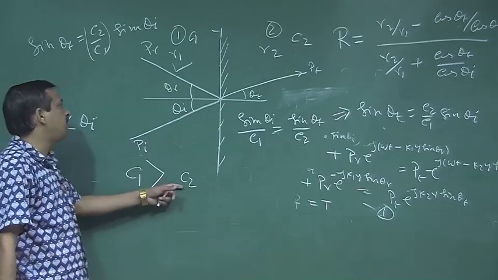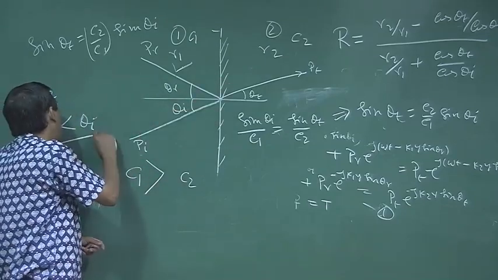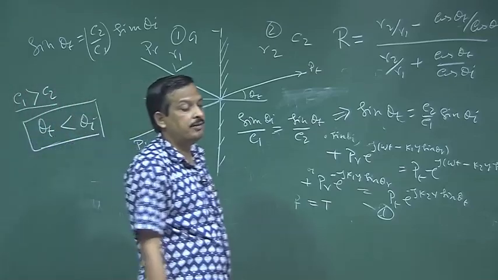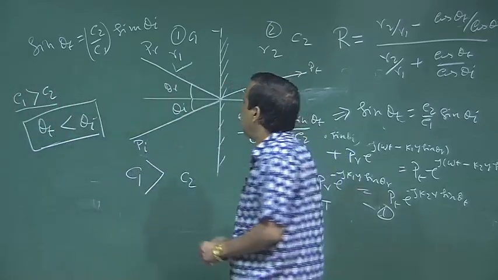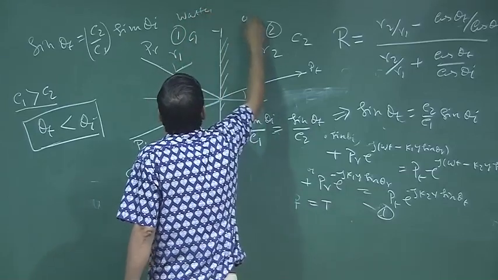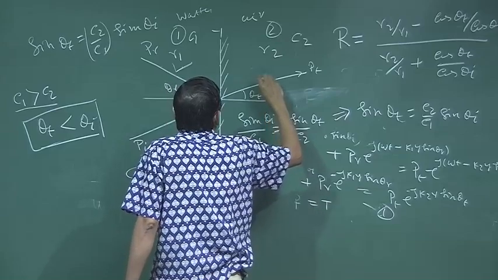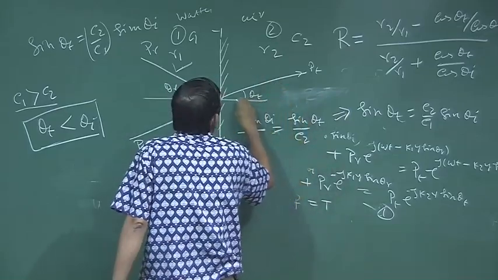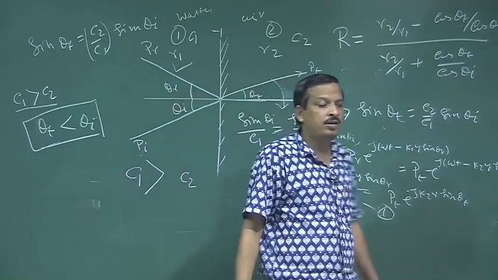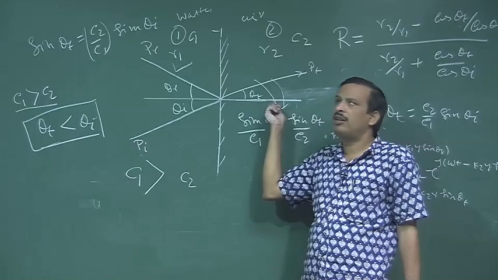If the sound is transmitted from water to air, the angle of transmission will always be less than the angle of incidence. So, if this is water and this is air, the transmitted ray is bent towards the normal.